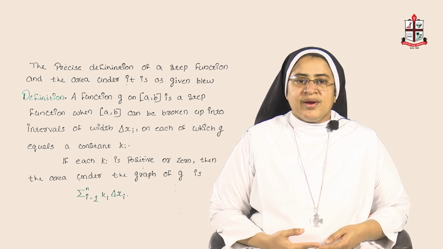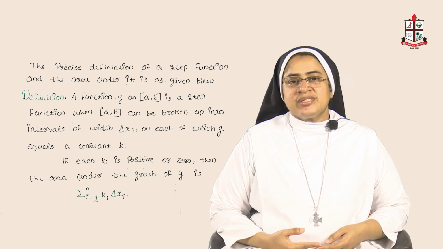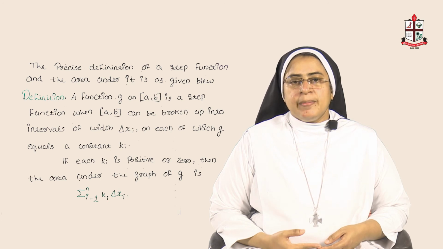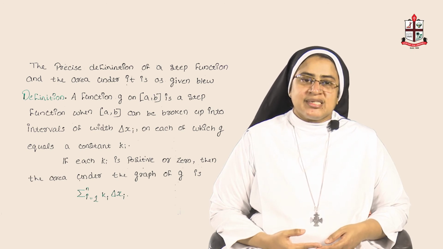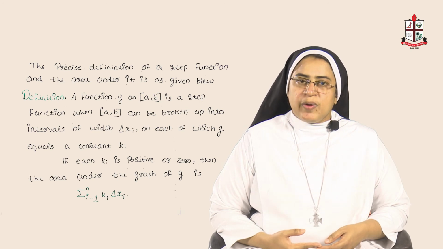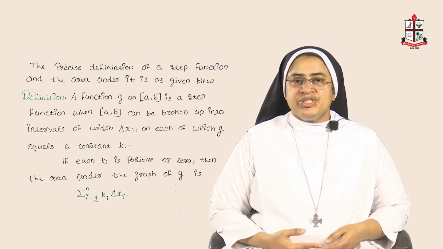What is the definition of a step function? A function g on the closed interval AB is called a step function when the closed interval AB can be divided into small intervals of width delta xi, on each of which the function's value g is equal to a constant ki. That is, whatever value of x you are taking, g of x is a constant ki.